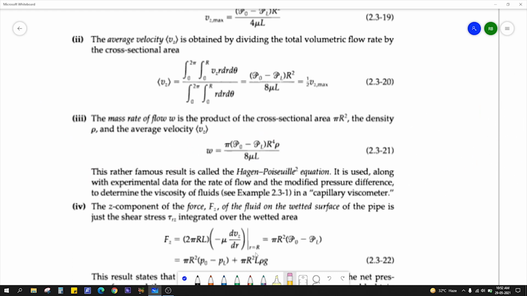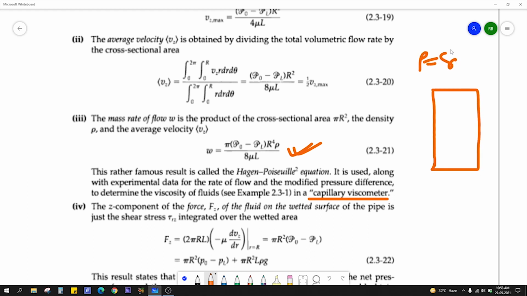The importance of the Hagen-Poiseuille equation is, have you heard about the viscometer? A viscometer is a device used to measure the viscosity of fluids. Using this formula we can measure the viscosity of any given fluid. Suppose you have a fluid and you know the density.